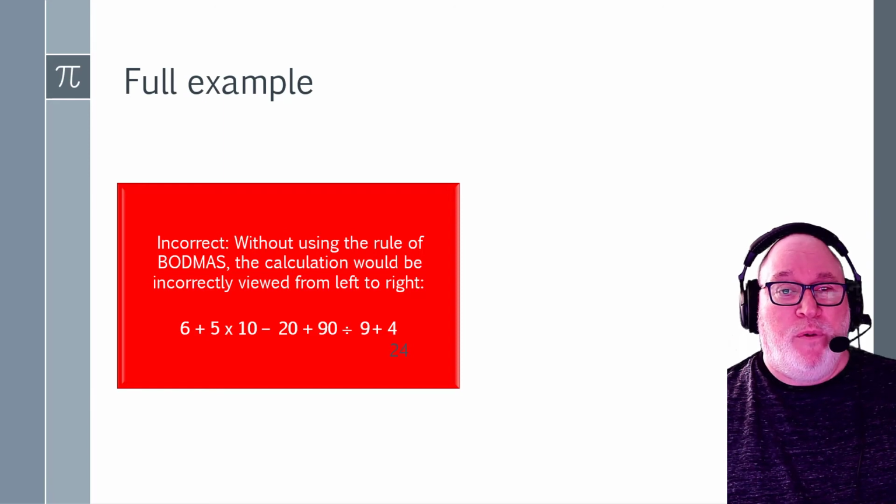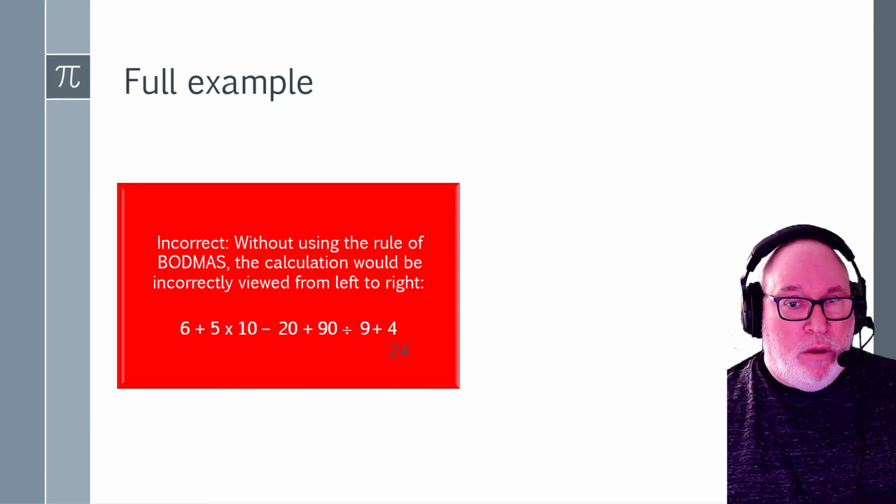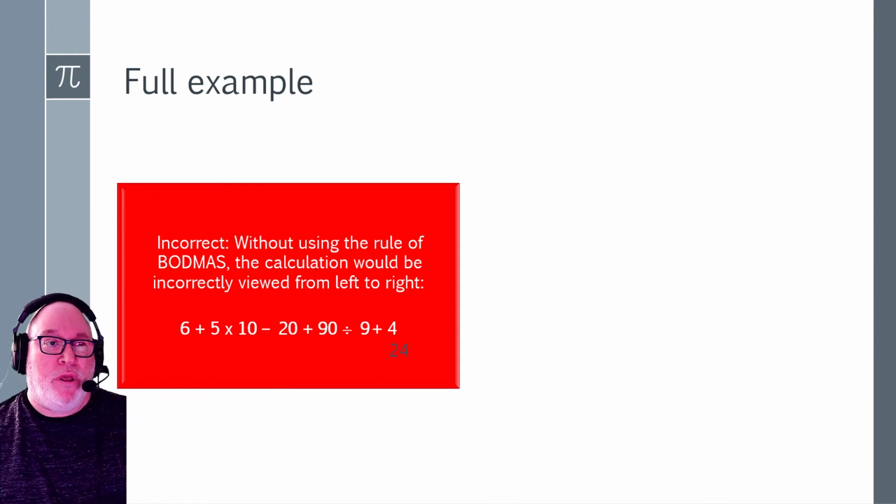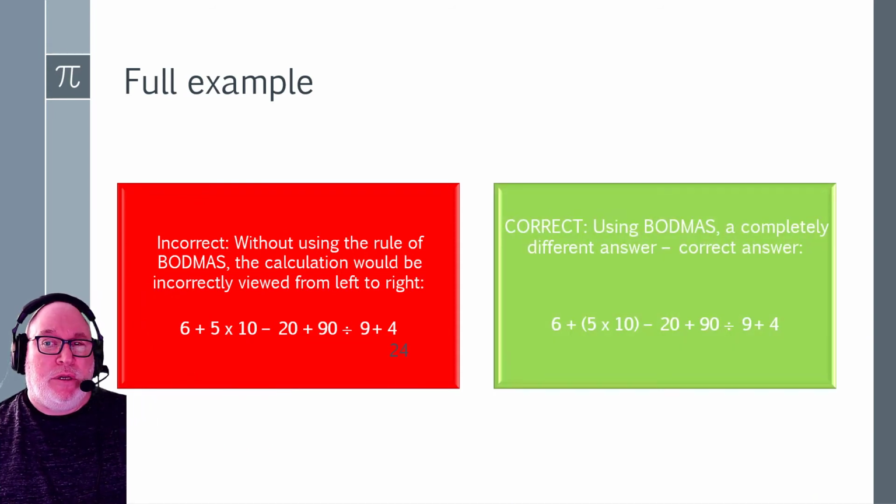Now, if we were to view exactly the same sum, but with importance placed upon it, where we've got brackets, this means we have BODMAS in operation. And where we have BODMAS in operation, we must abide by the BODMAS rules. So first, brackets. 5 times 10 is 50.